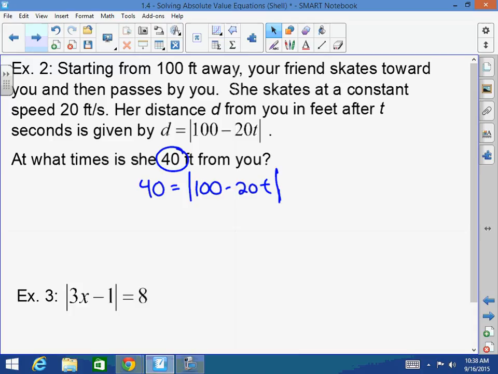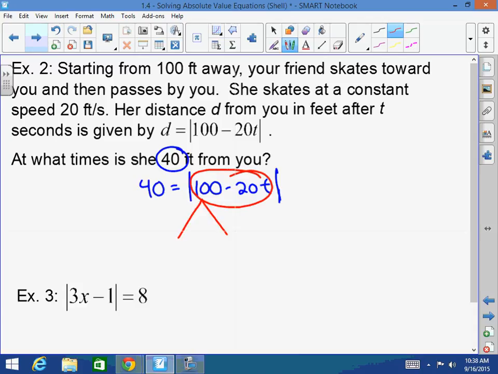Now, does that necessarily mean that the inside is not complicated? No. The inside can be as complicated as it wants. But when I ask, is the absolute value alone, is the actual absolute value alone? Does that make sense? Because I know you thought it wasn't because you saw the 100 and the negative 20t. So I'm proud of you. Good job. But when it's alone, it's alone. Okay? So, we are alone.